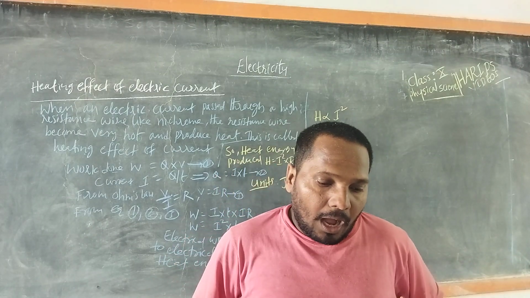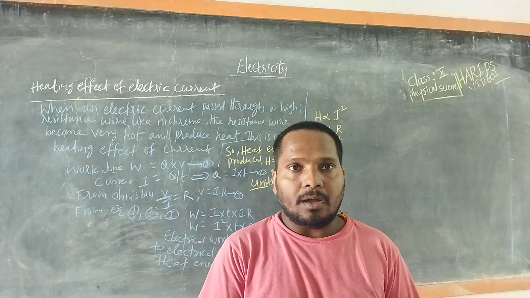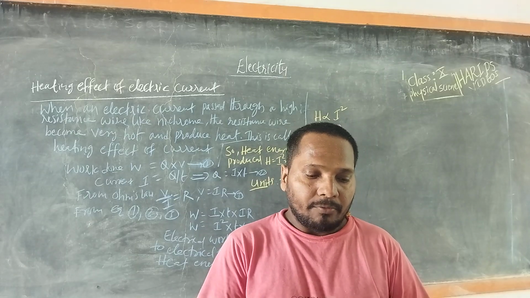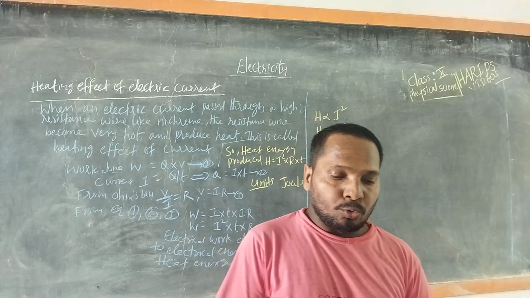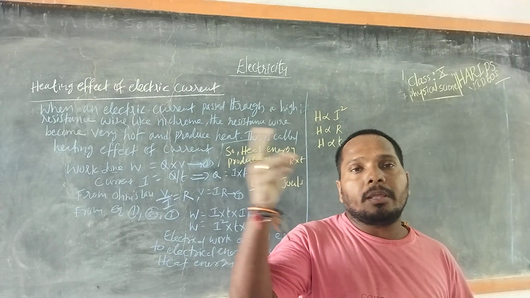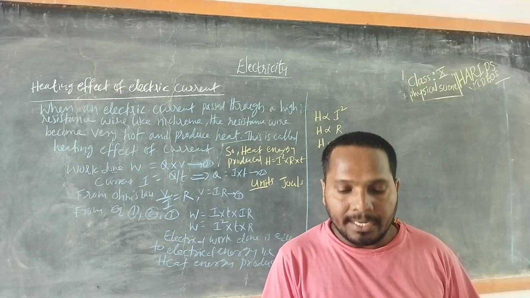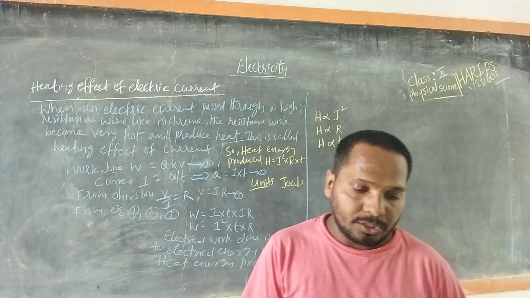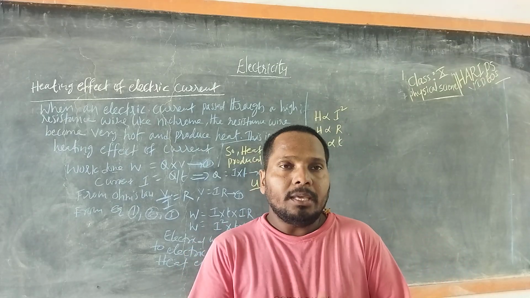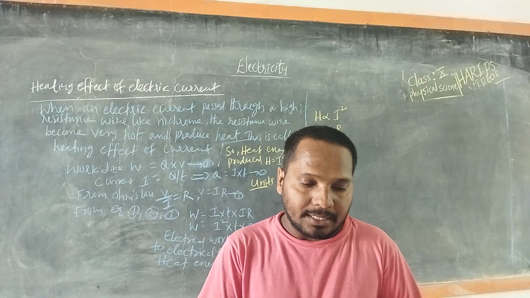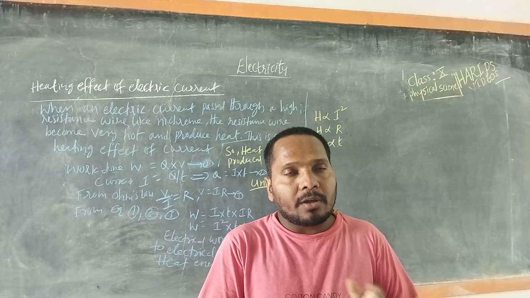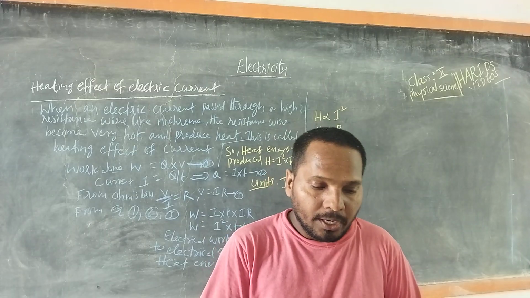So all the appliances which run on electricity do not convert all electrical energy into heat energy. Only the heating electrical appliances convert most of the electrical energy into heat energy.